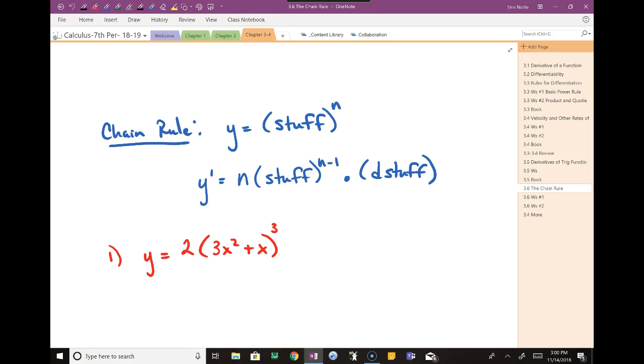All you do is a basic derivative, so the exponent goes into the front, and you subtract one. This right here is your basic power rule, right? The only difference is you have a quantity of stuff, and then you multiply by the derivative of the stuff.